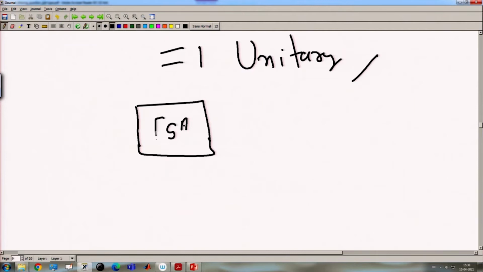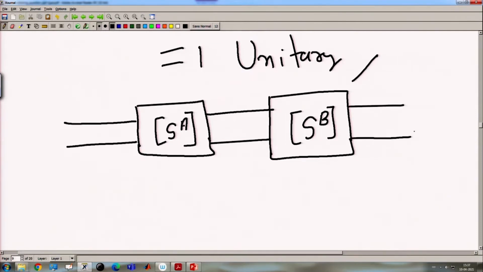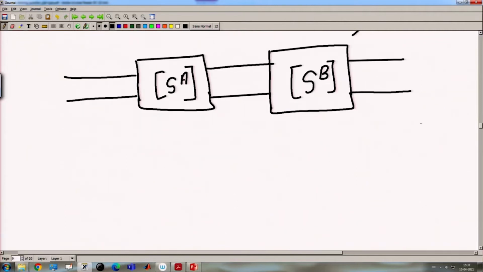This is SA, and another two port network is like this. It is cascaded and its parameters are known to us. Here it is port 1 and this is port 2.